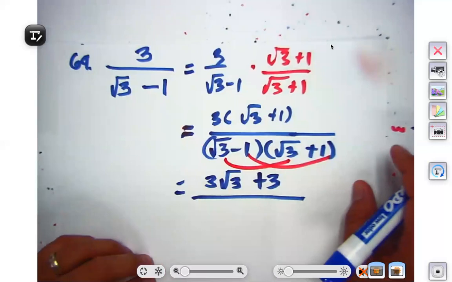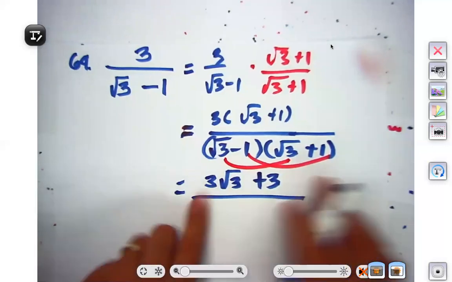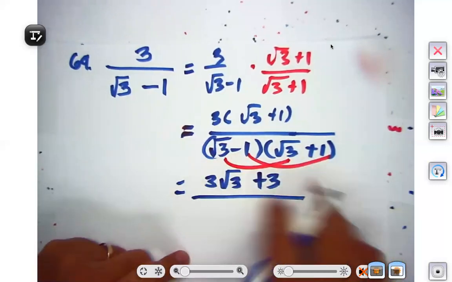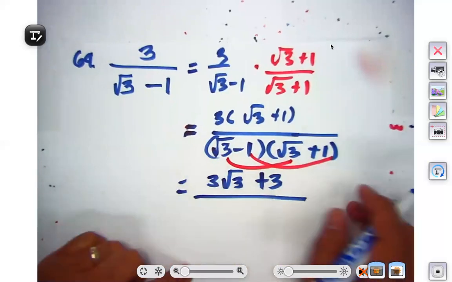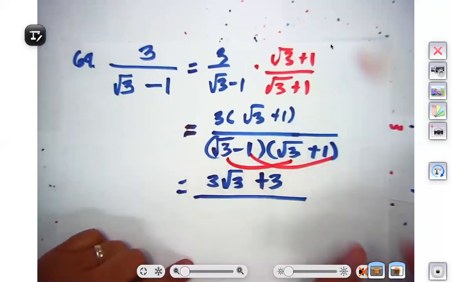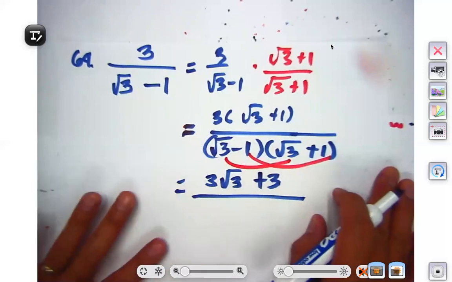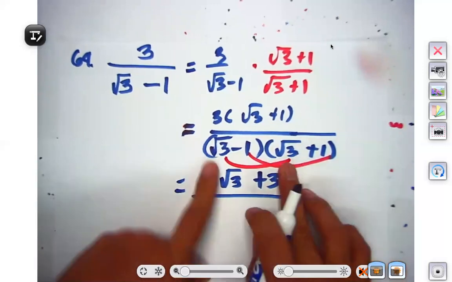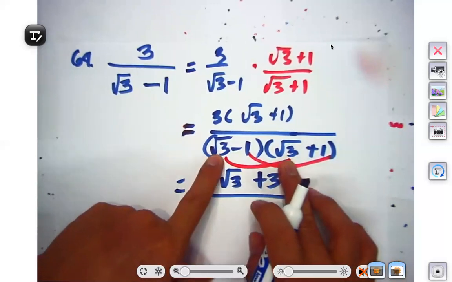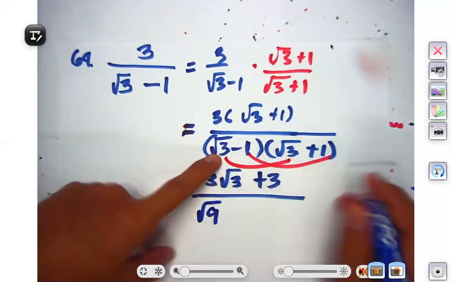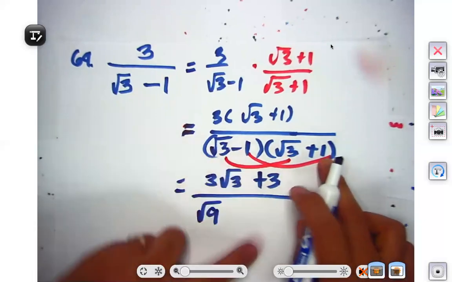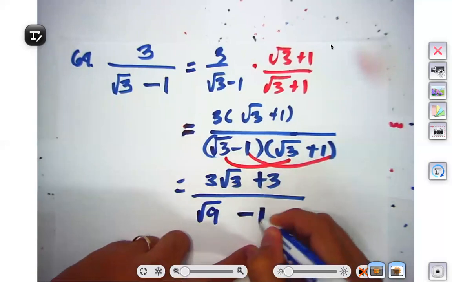To avoid doing so many steps, you can simply multiply these. But again, you can only do this when they are conjugates. If they are not conjugates, you FOIL it. So square root of 3 times square root of 3 is square root of 9, and negative 1 times 1 is negative 1.